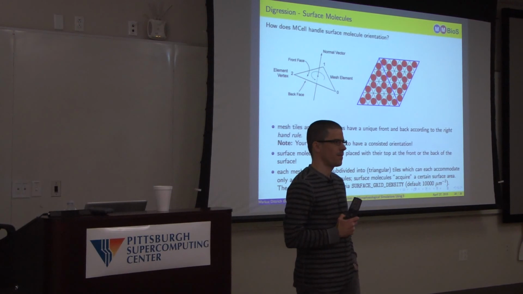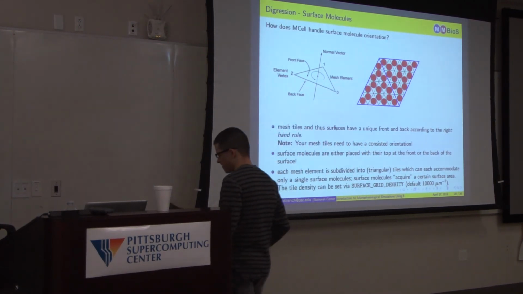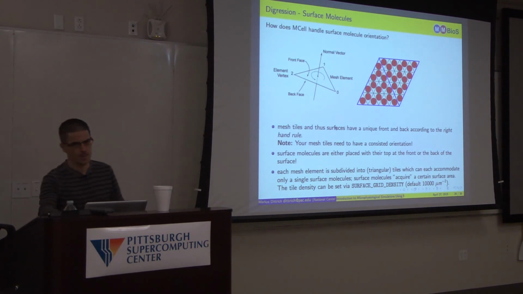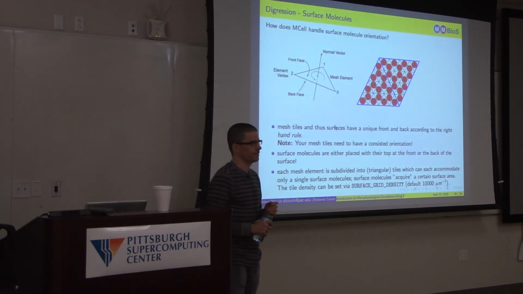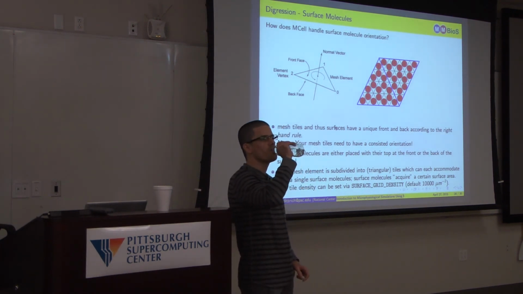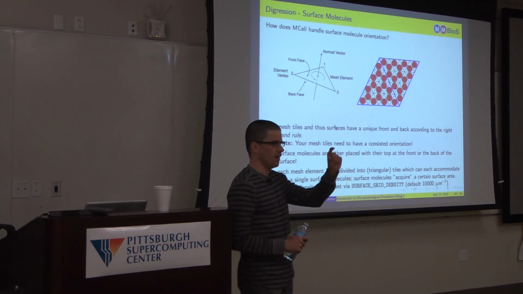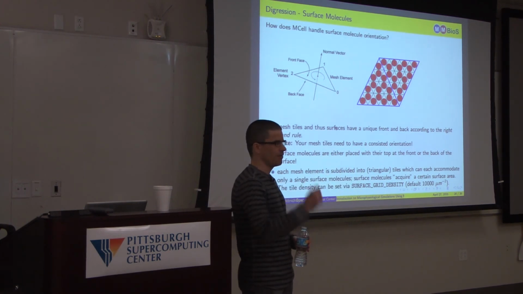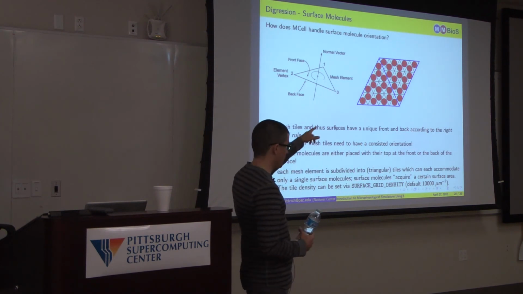Yes? You said the reaction on surface molecules is based on hitting with the volume molecule anywhere on the triangles. But did you mean the triangle mesh in Blender? No, these are subdivided, so they're small per-surface triangles. You don't see these triangles that we're talking about here.